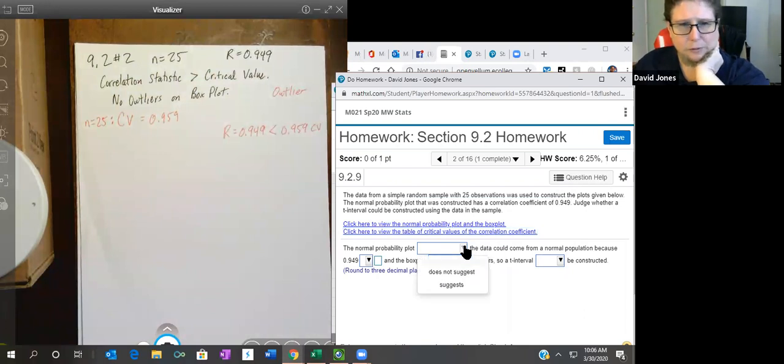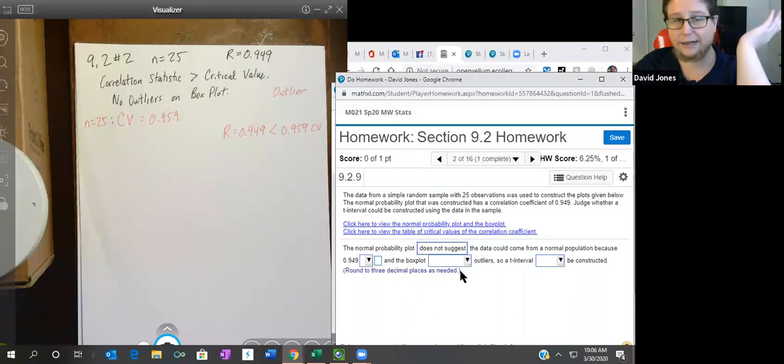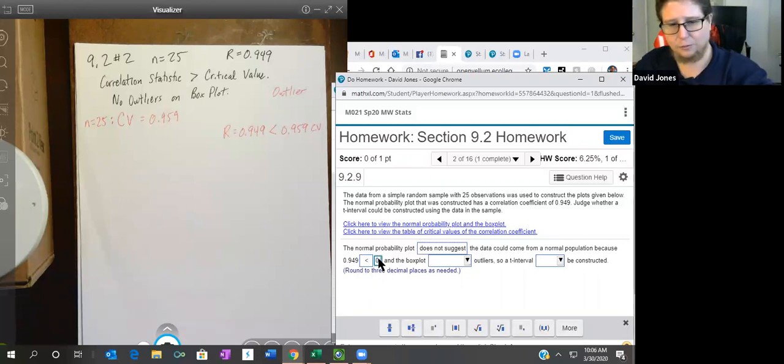So it says the normal probability plot does not suggest the data could come from a normal population, because we don't think it's normal since it doesn't meet the criteria. Because 0.949 is less than 0.959, and the box plot does show outliers.